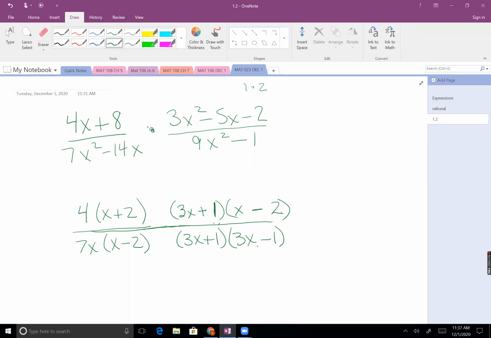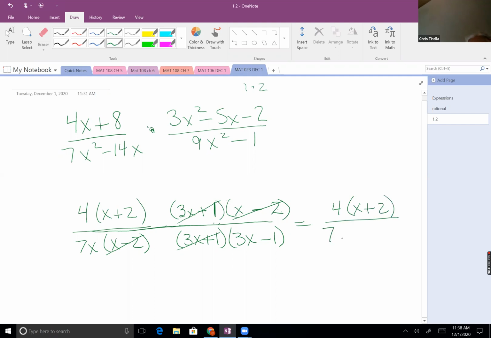Yep. So now, the other thing that's cool that happens is the way that factored, we have a lot in common. The x minus 2's and the 3x plus 1's. And so I'm left with 4 times x plus 2 over 7x times 3x minus 1.